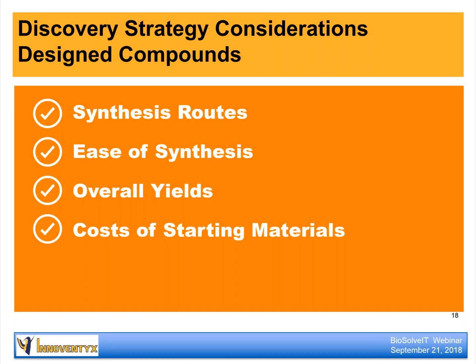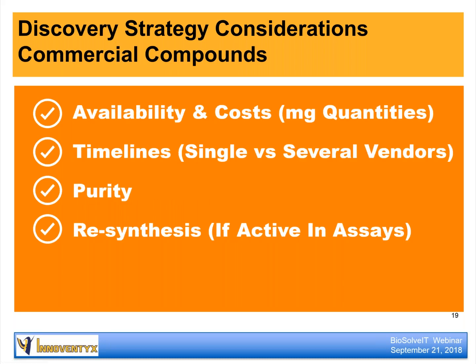And eventually, making these compounds is directly going to be associated to the cost of the starting materials. If you find that one key building block has a high cost, let's say $1,000 for, I don't know, 200 milligrams, well, that's something to consider unless you have a huge budget to do something like that.